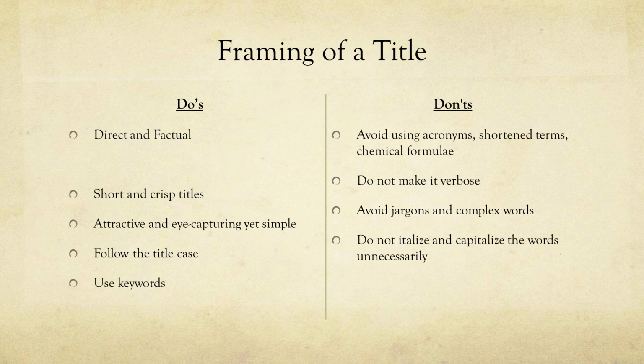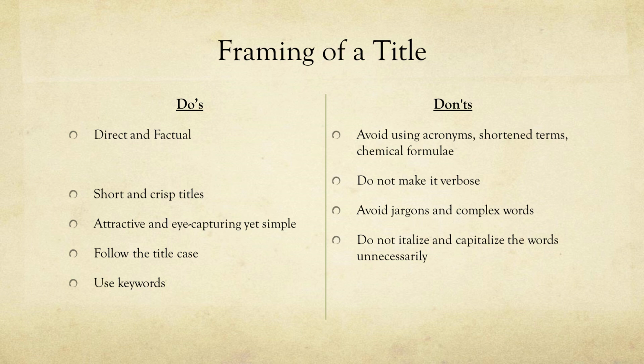What you should keep in mind while you're framing your title is the title should always be very direct and very factual. It should be short and crisp, and if it's short and crisp, it obviously attracts the audience. It's eye capturing, and it should also be simple. Just avoid using a lot of jargons and words which you think that your audience is not familiar with.